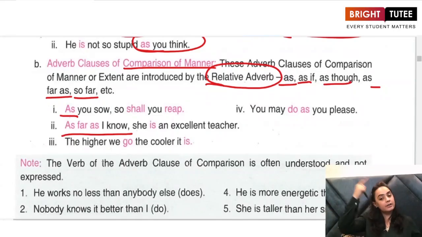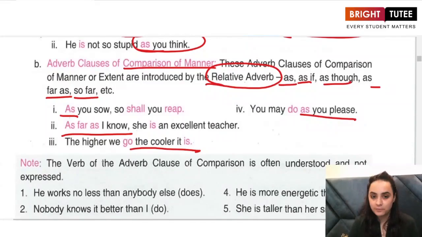So the higher we go, what is the comparison of manner? The cooler it is. The next sentence says, you may do as you please. How you may do? As you please. So this is how we identify between the degree of comparison and the comparison of manner.